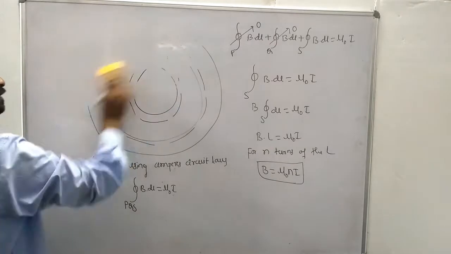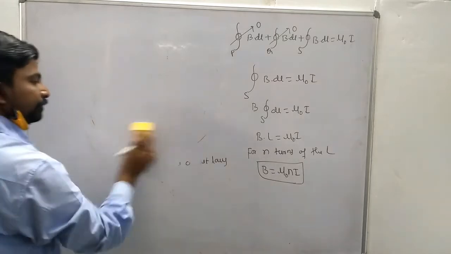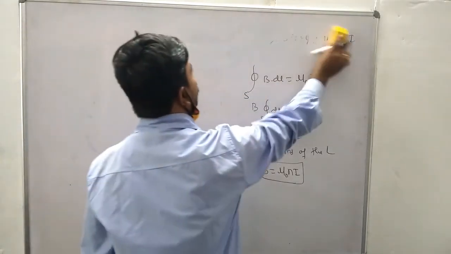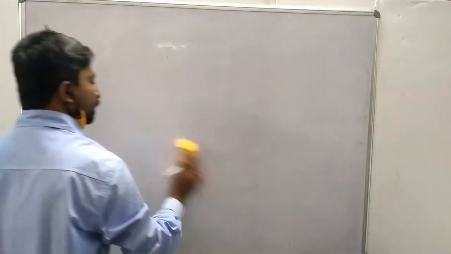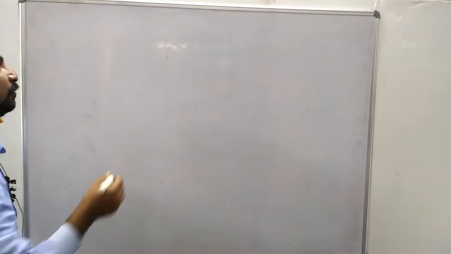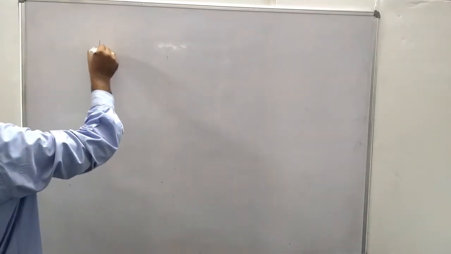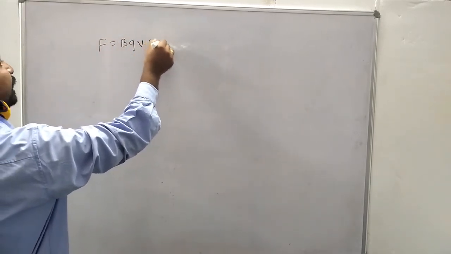Next concept is force between two parallel conductors carrying a current. Before understanding this, there is something you need to know first. I have already told you about magnetic force: F is equal to B Q V sin theta.